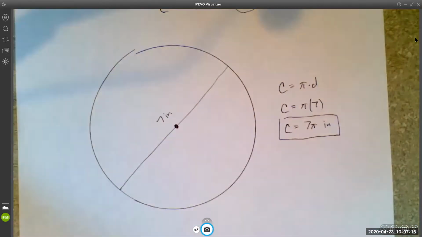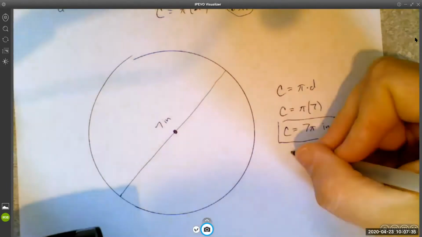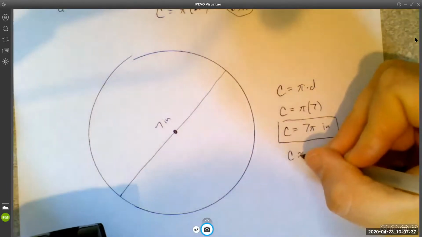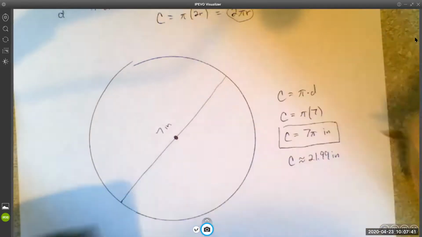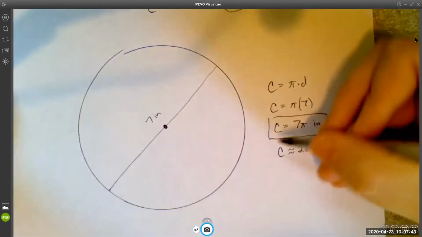Now, if you want to know about how much that is, you need to enter that into your calculator. 7 times pi is approximately 21.99. So that's about 21.99 inches.